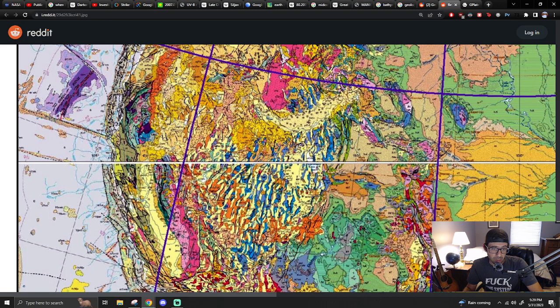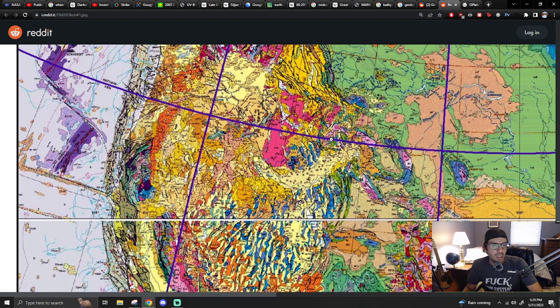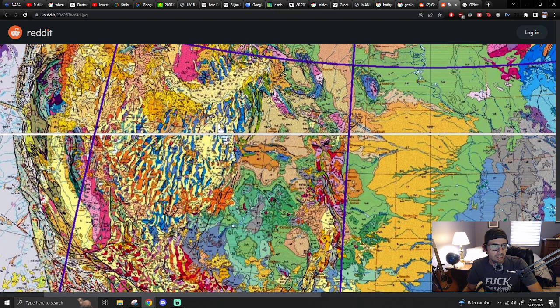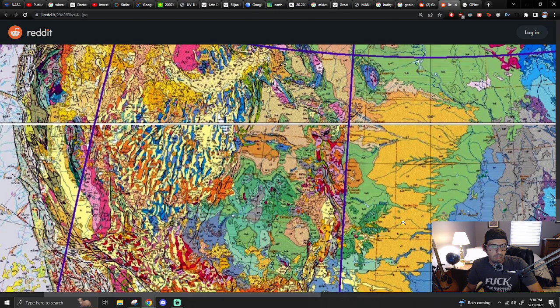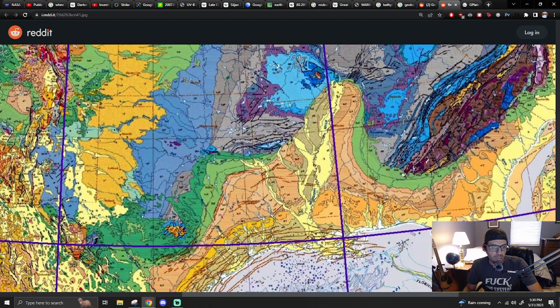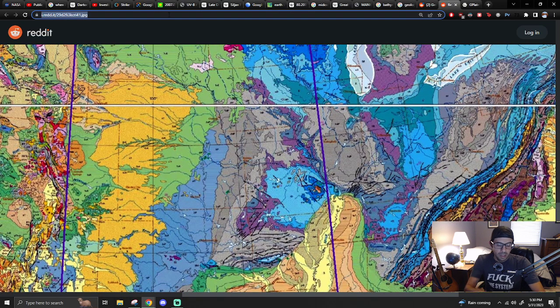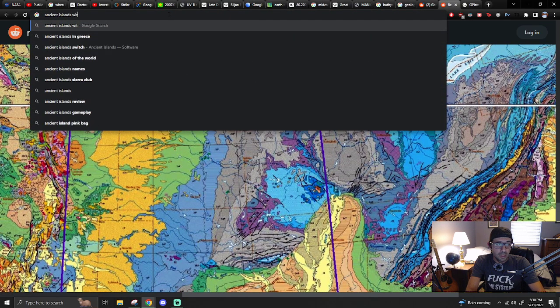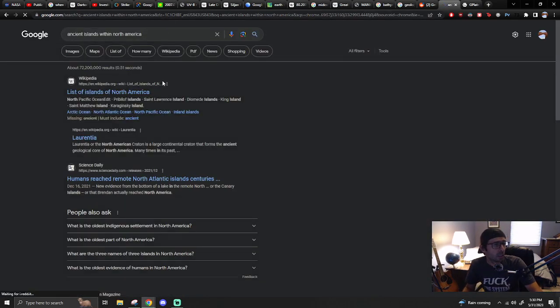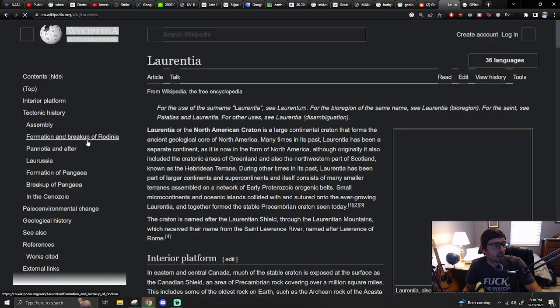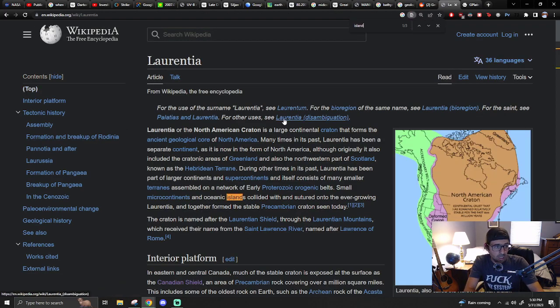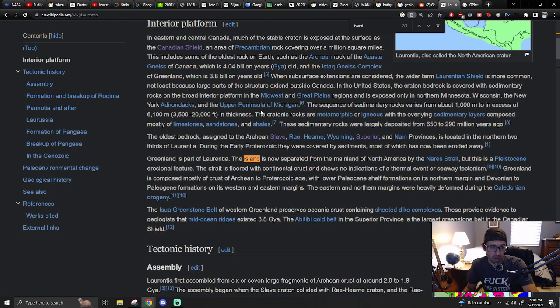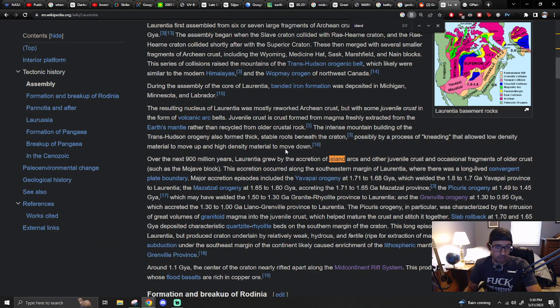Looks like a dinosaur, like a T-Rex or something. Ancient islands within North America. Islands. It's hard to say. I'm quickly finding them, by the creation of the island arcs.